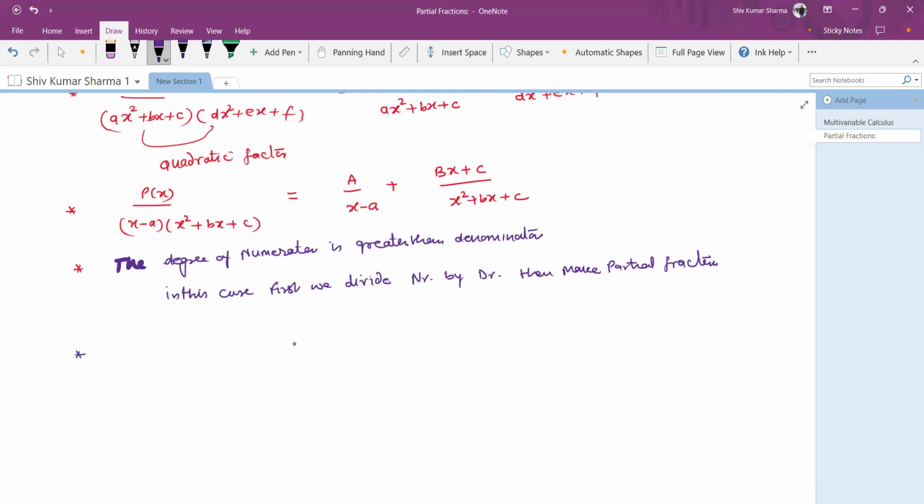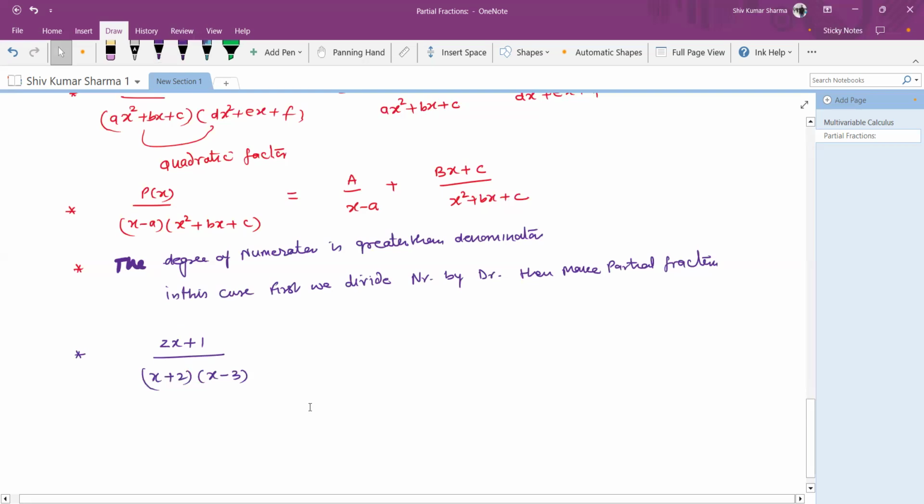Suppose we have the function in this form: 2x plus 1 upon x plus 2 into x minus 3.